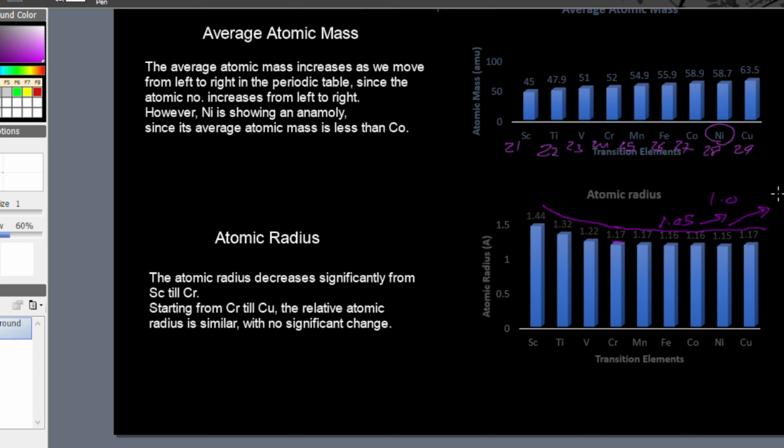These are not actual numbers, right? And in case of nickel, like 0.9, and copper, for example, 0.8. Because I told you, when you go from left to right, you increase the effective nuclear charge, hence decreasing the atomic radius, right? But this actually does not take place, right? So what is the reason then?